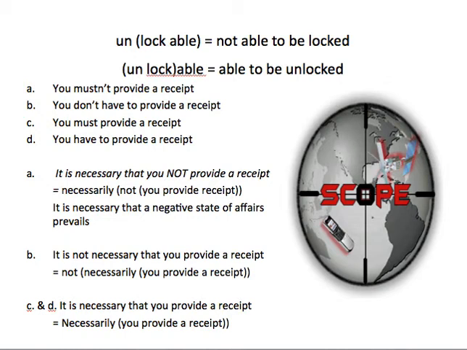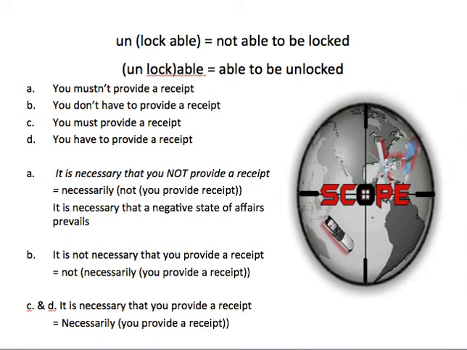So if you look at these sentences: A, you mustn't provide a receipt. B, you don't have to provide a receipt. C, you must provide a receipt. D, you have to provide a receipt. Notice that there's a degree of similarity in meaning between C and D, you must and you have to.